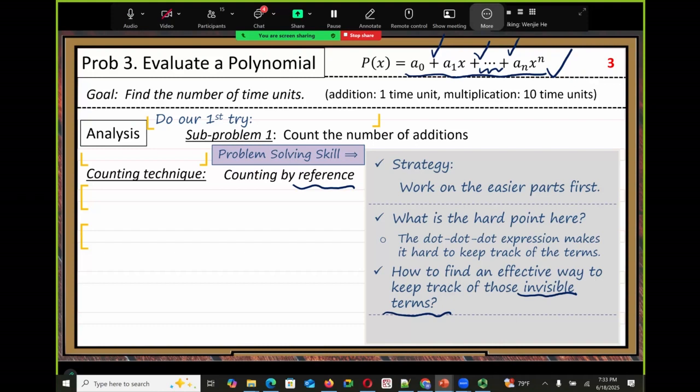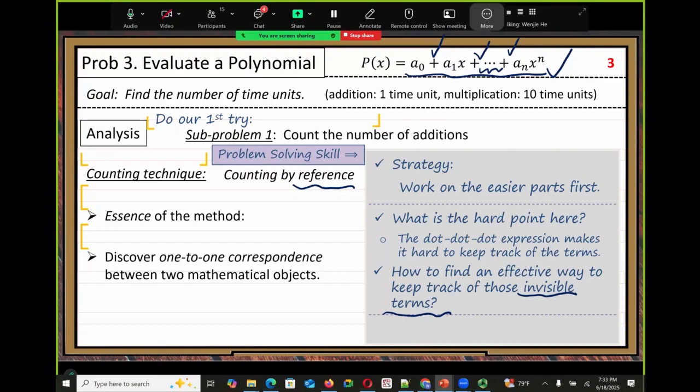So the key point: what reference objects do you want to use here? The essence of this method is that we want to discover a one-to-one correspondence between two mathematical objects. When we do the counting, what do we count?